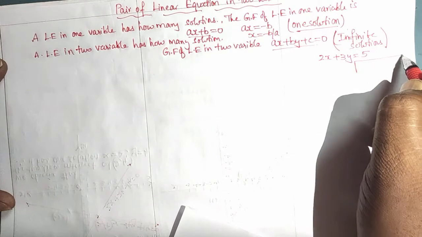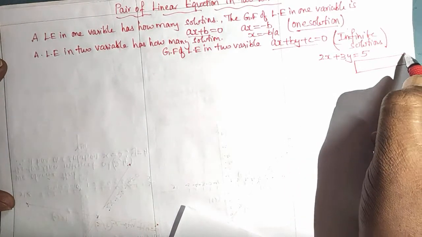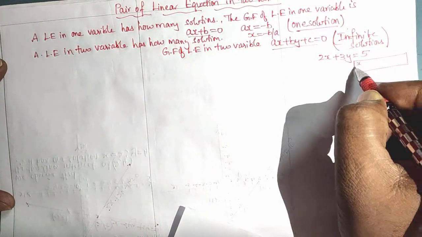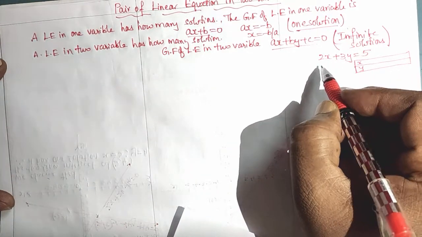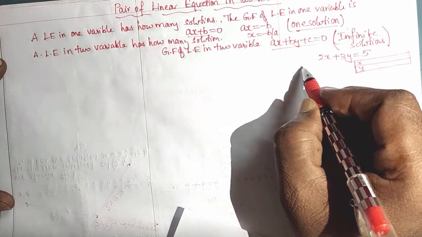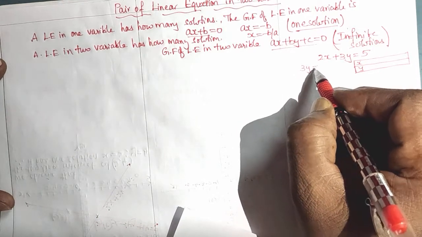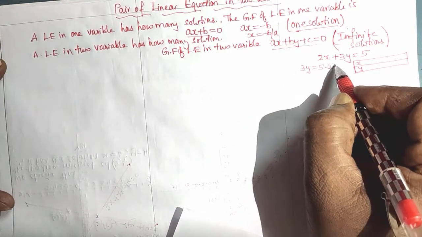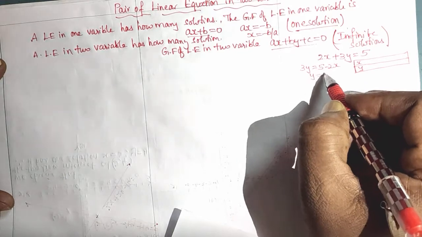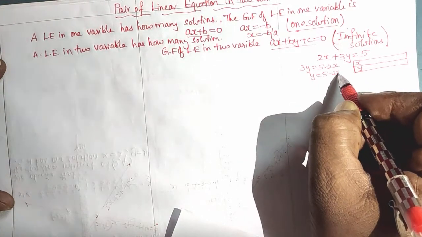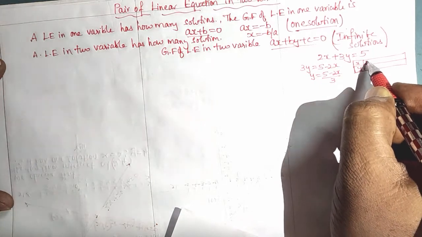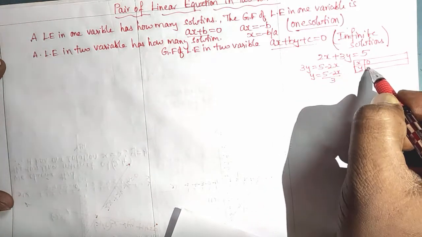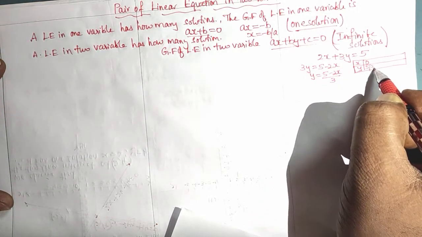You see, if I give values for x and find the values of y, what am I going to get? I will simplify this one. 3y is equal to 5 minus 2x, y is equal to (5 minus 2x) by 3. Suppose I put x is equal to 0, I get y as 5 by 3.